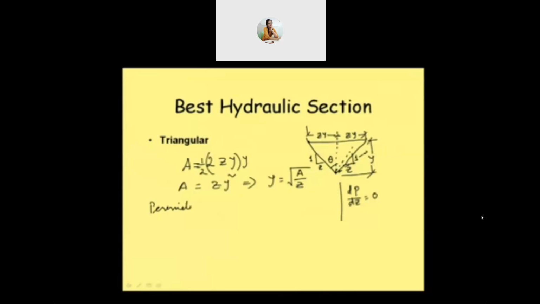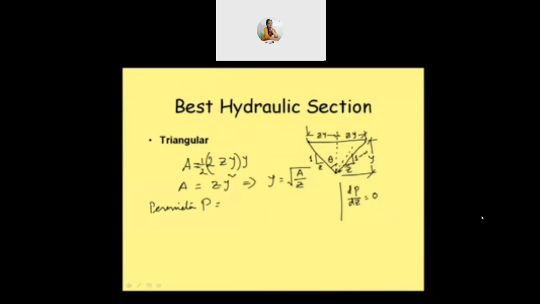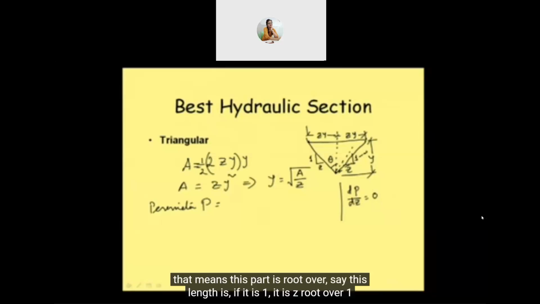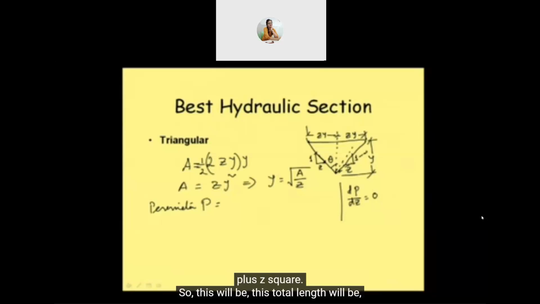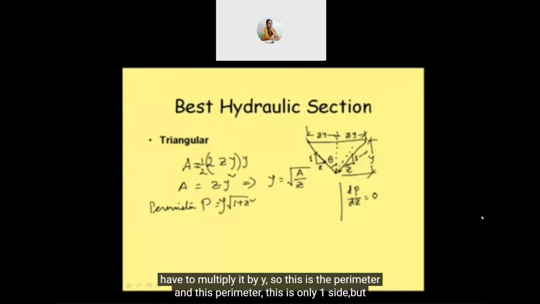Let me write the expression for perimeter P. That perimeter P is equal to, say, this length is y root over 1 plus z square. If the depth is 1, the length is root over 1 plus z square, so for y it is root over 1 plus z square multiplied by y.